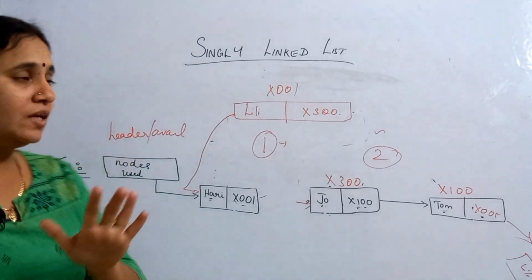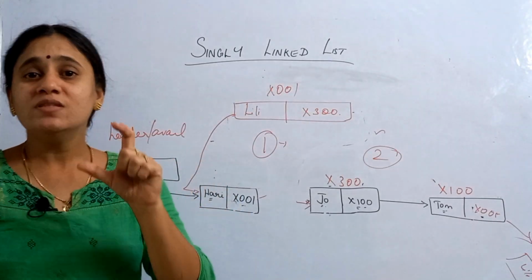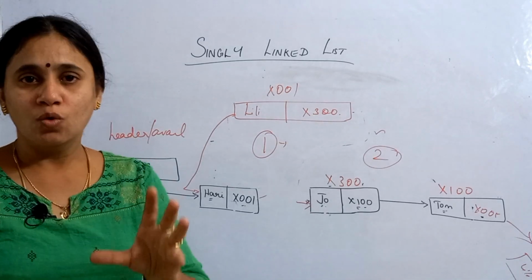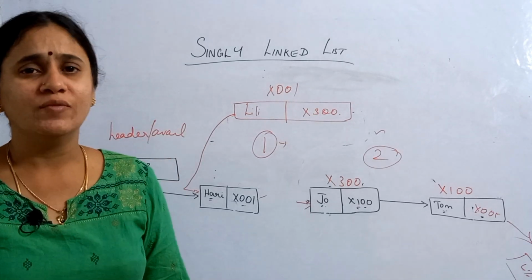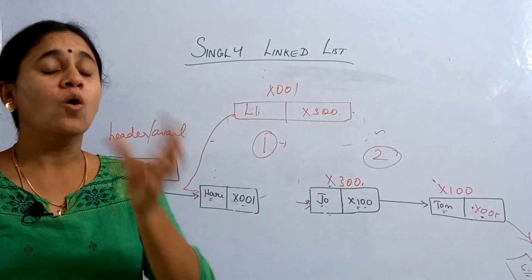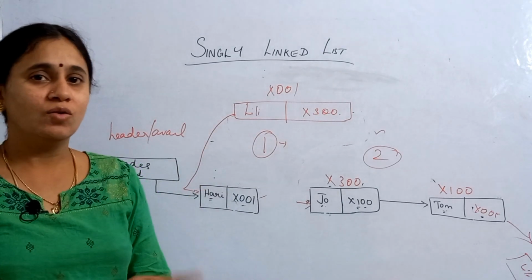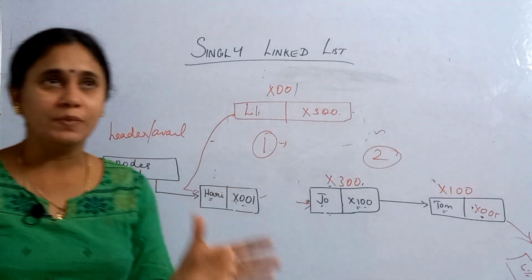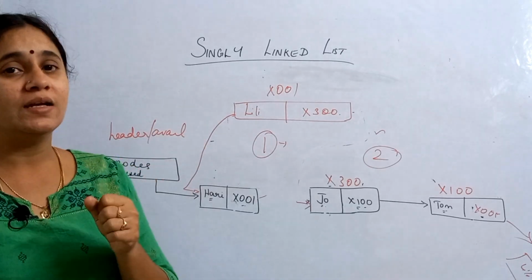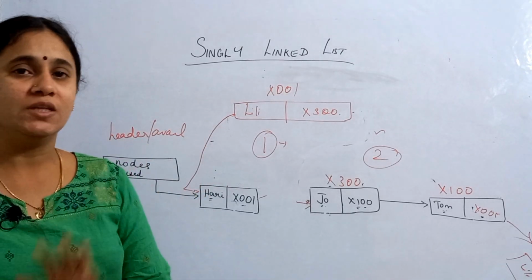The same thing we are using in avail. Avail is a node which is used for storing information regarding all the nodes which are deleted or inserted. So it is like a recycle bin, or another name we can call it is garbage collection. Both have the same meaning, isn't it?